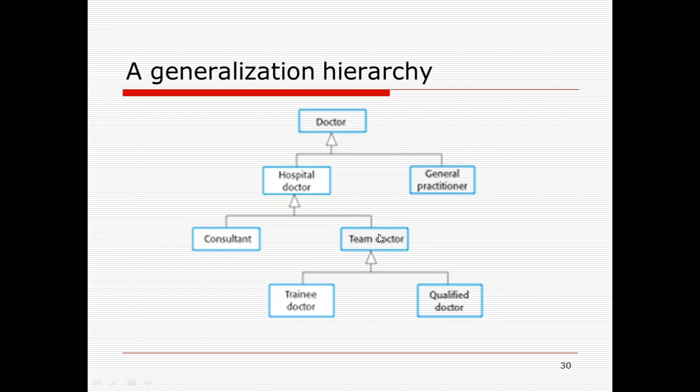Similarly, the team doctor can be either a trainee doctor or a qualified doctor. Some attributes apply to the trainee doctor as part of this specific class, and it derives attributes from the team doctor, which is a generalized class for the trainee doctor as well as the qualified doctor. This way the generalization can be stated.